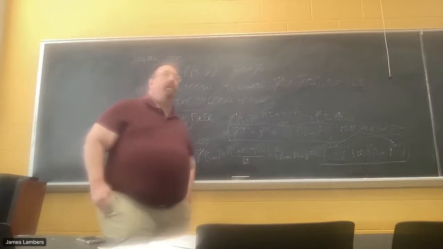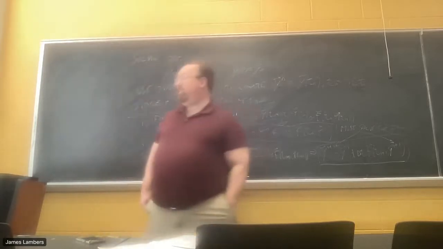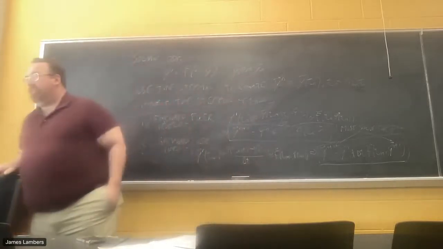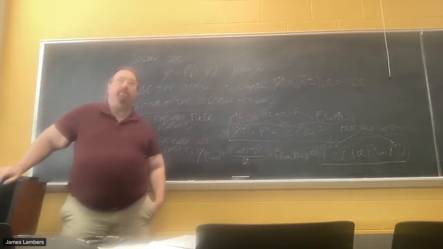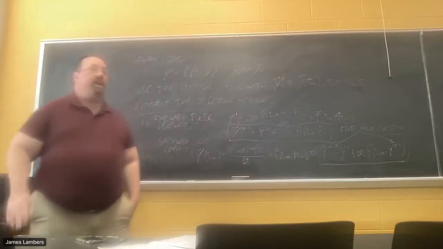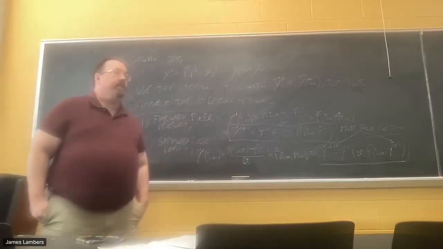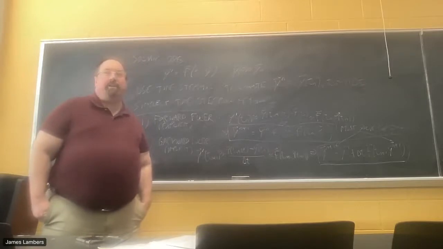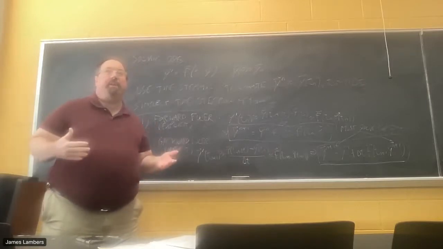But there are some problems for which certain methods are a much better idea. So as an example, if you're solving a wave equation, like an advective problem, you can do pretty well with either explicit or implicit.